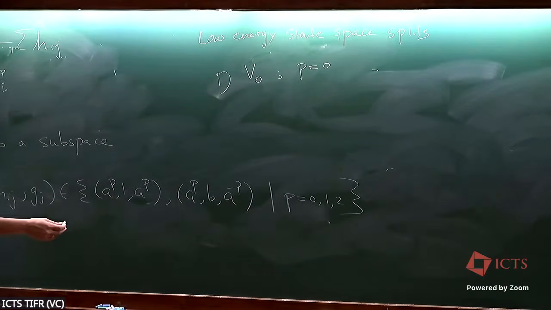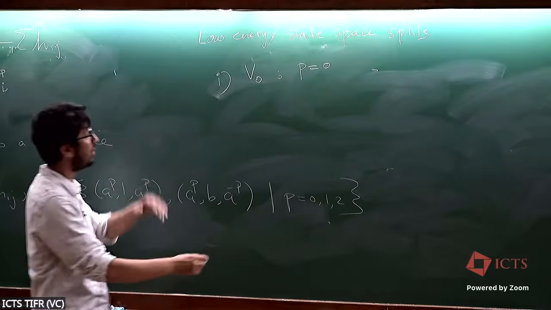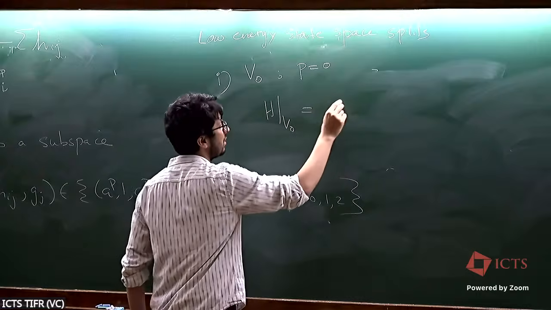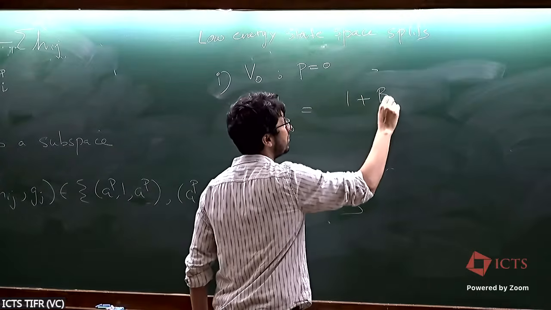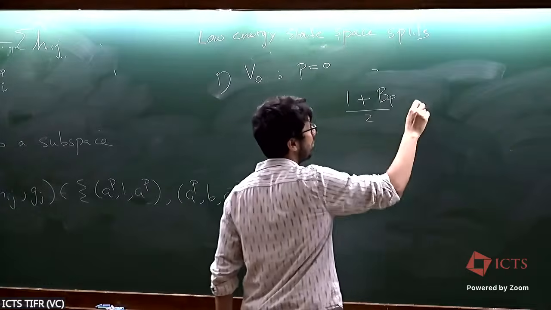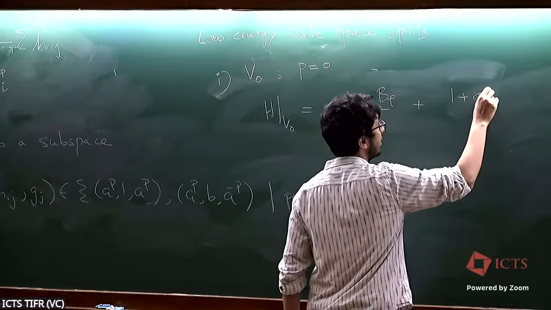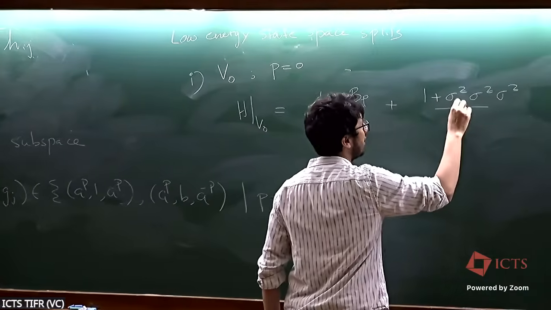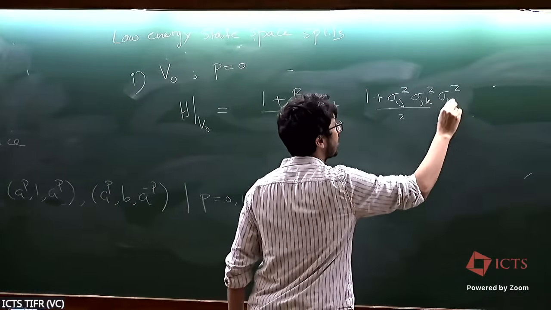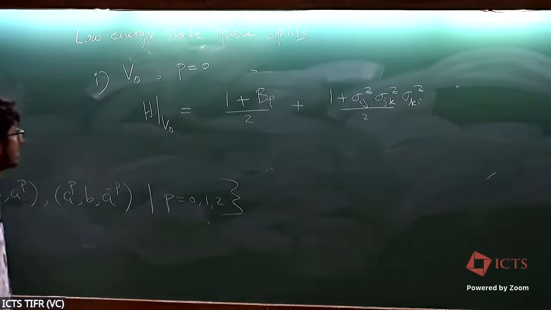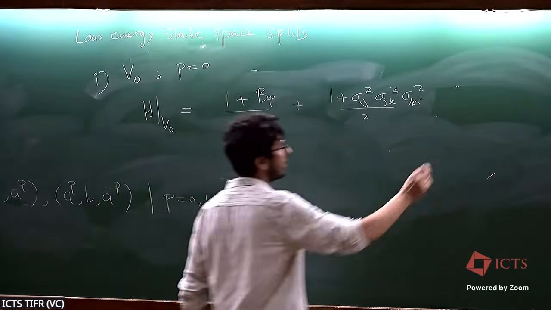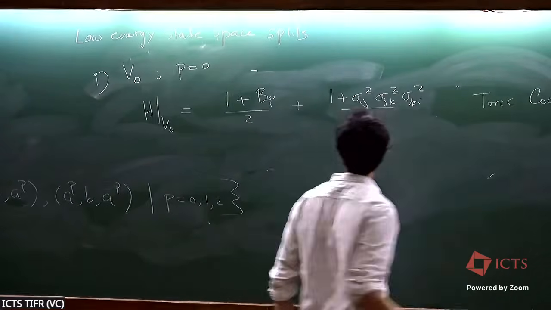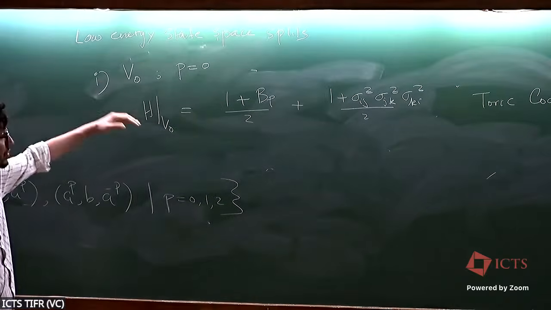So it's in the image of this projector, but P is 0. And in this state space, the Hamiltonian on V0 is just (1 plus B_P) over 2, plus the flatness constraint, which is sigma z over 2. And this is nothing but the toric code Hamiltonian. So one of the ground states in V0 is just the toric code.